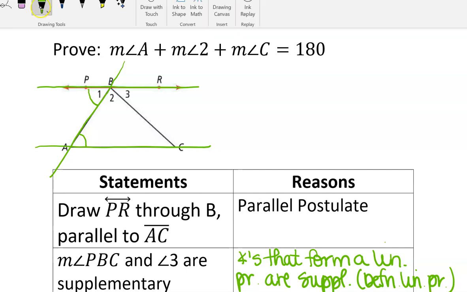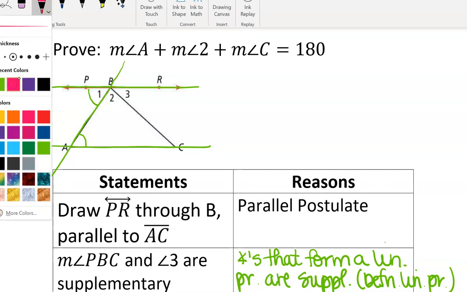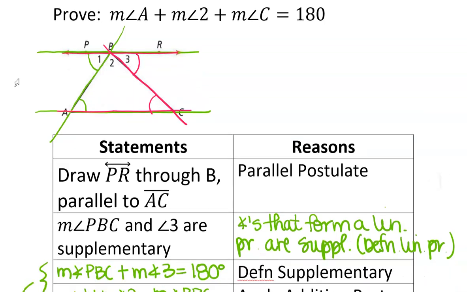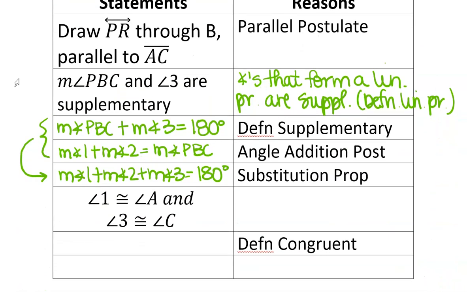And on the flip side, if we use these two parallel lines once again, and this one, oops, I missed that line there. Angle 3 and angle C are the same. So that's what we're going to write in the next step, and that's why they're saying that.